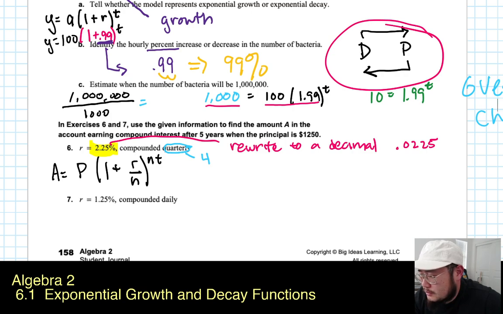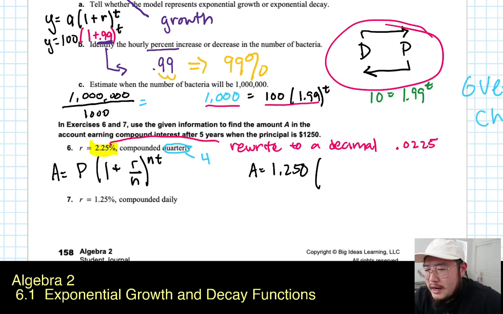Let's start putting things together. 1,250 times 1 plus the rate. Let's plug in 0.0225. We will divide that by n. Well, how many times? In the problem, it says the time is going to be 5 years.